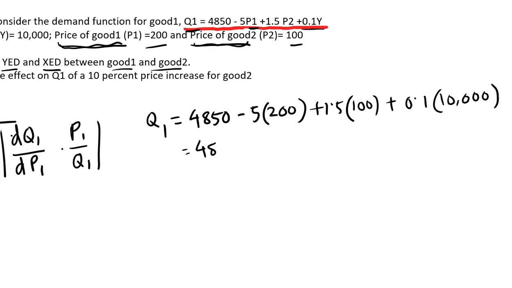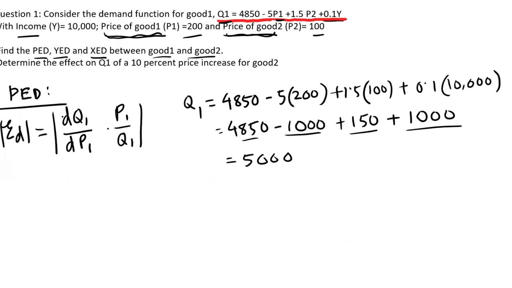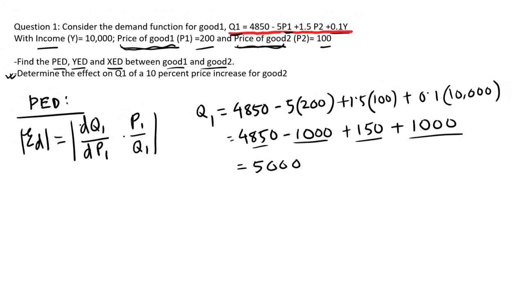So 4850 minus 1000 plus 150, plus 0.1 of 10,000 should be 1000. So these two should be cancelled out, and if I add 150 with this one, this should be 5,000. You can use calculator if you wish to do that.